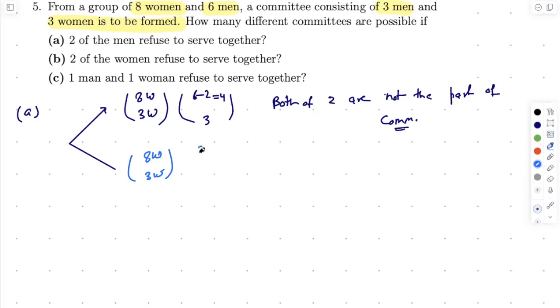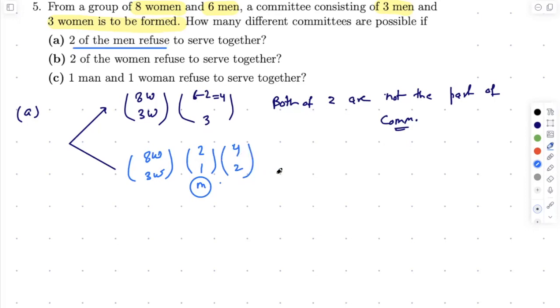But if, out of these two particular men who refuse to serve together, I choose one of them only, so this is for men. Out of the two who refused to work together, I'm choosing one. And out of the remaining 4 men, I choose 2.